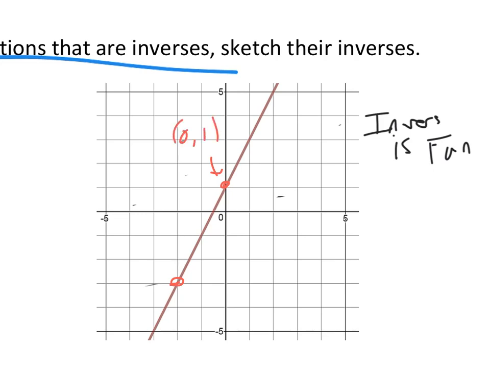So when I flip the x and y, it will become 1, 0. So right there. The second ordered pair I chose was -2, -3. When I switch x and y, it becomes -3, -2. So it moves right there. It's going to be a straight line going through those 2 points. And there we go.